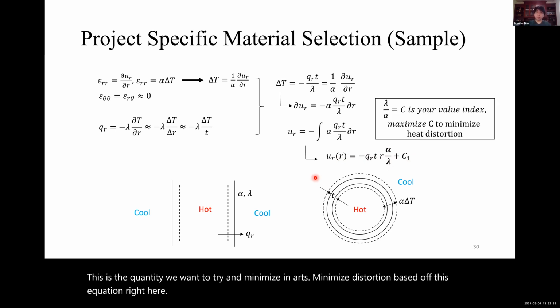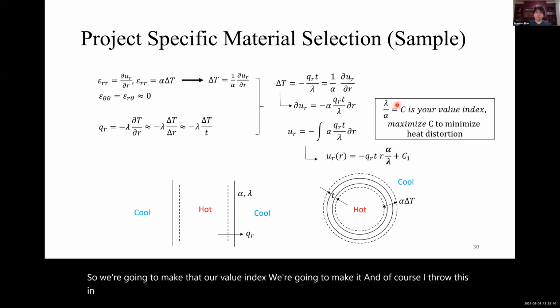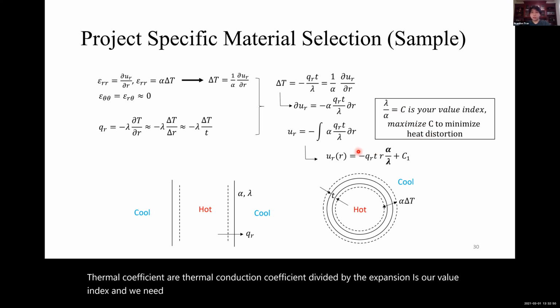So we're going to make that our value index. And of course I throw this in a denominator, so that the thermal conduction coefficient divided by the expansion is our value index, and we need to maximize that in order to minimize heat distortion.